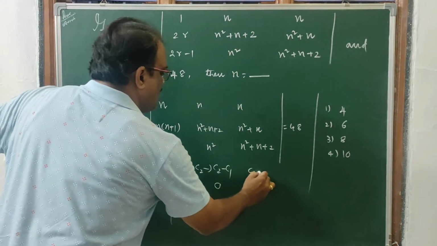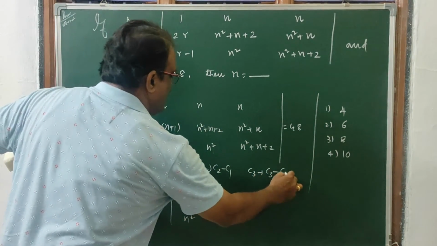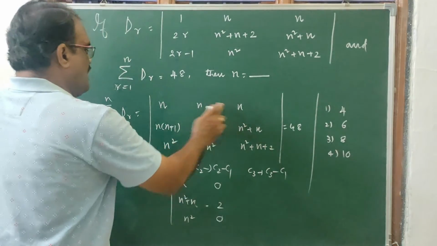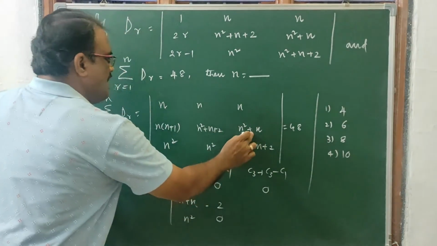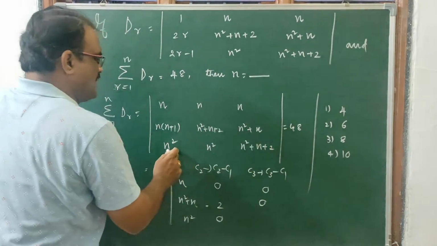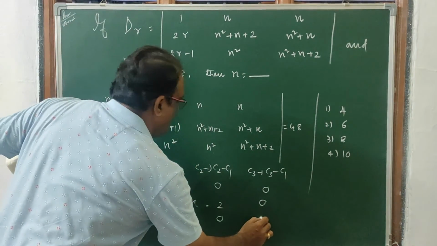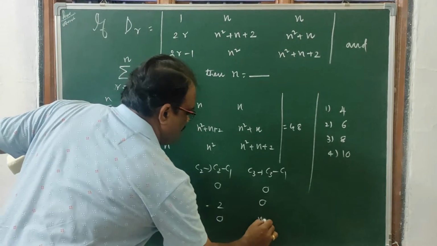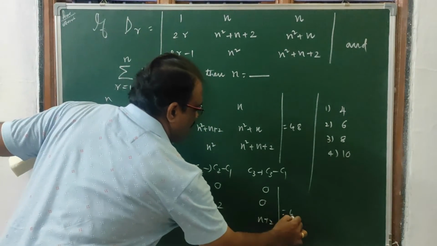And C3 implies C3 minus C1. Okay, no problem: n minus n is 0, n square plus n square plus n is 0, n square plus n plus 2 minus n square is n plus 2. That is equal to 48.